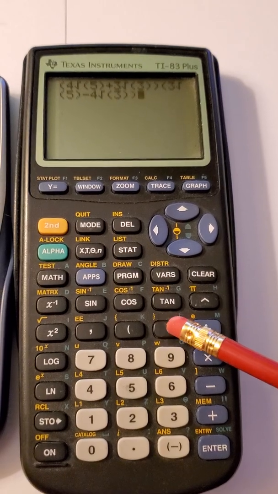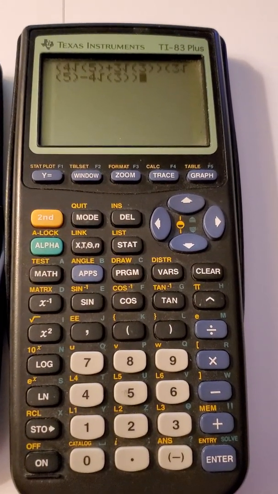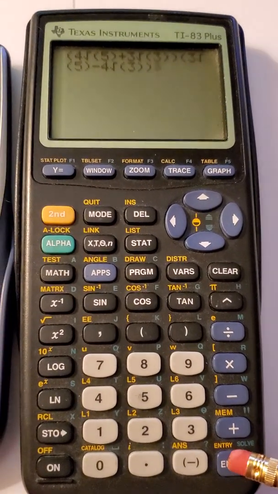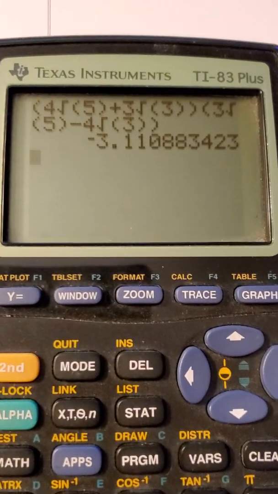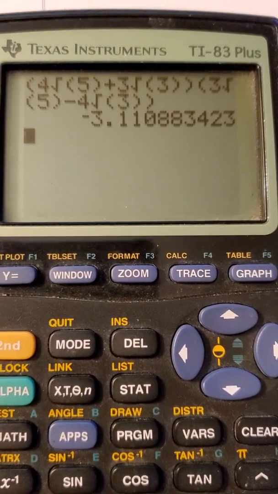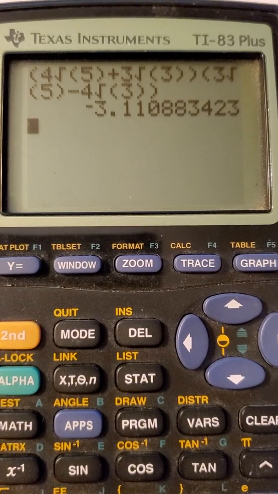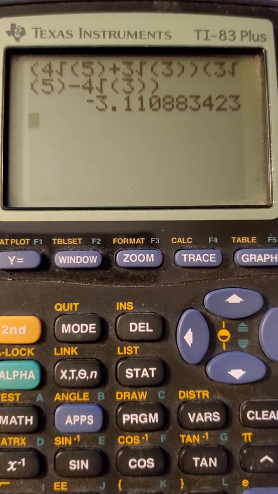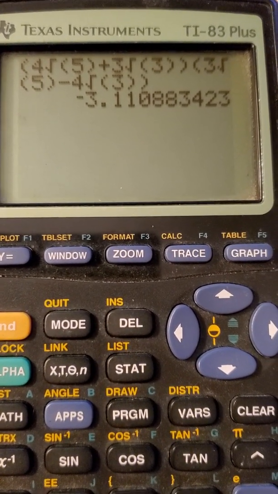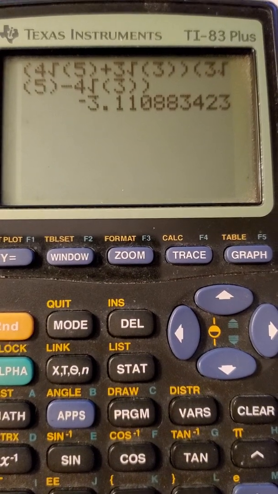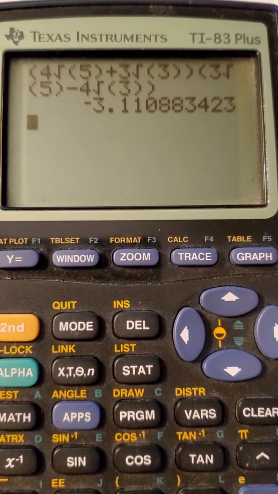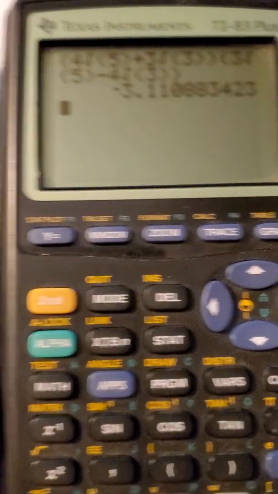Close the square root, close the parenthesis. And then if I hit enter, I get a decimal. So the Texas Instruments, the TI-83, and also the 84, are not going to give the simplified radical expression. It's only going to give a decimal approximation.